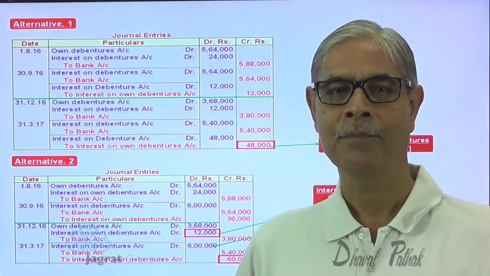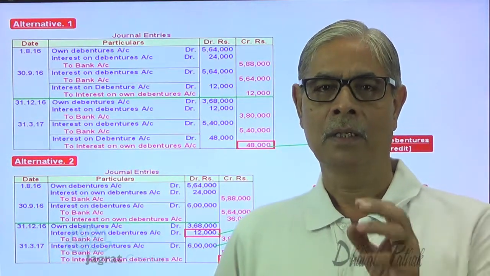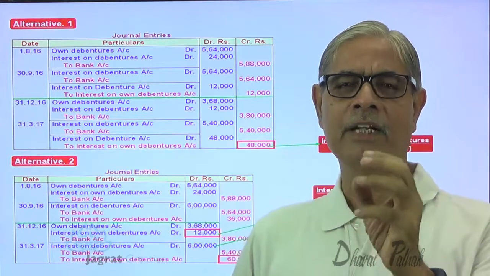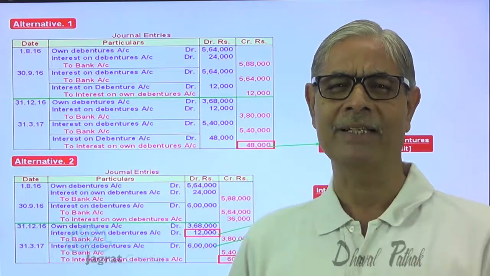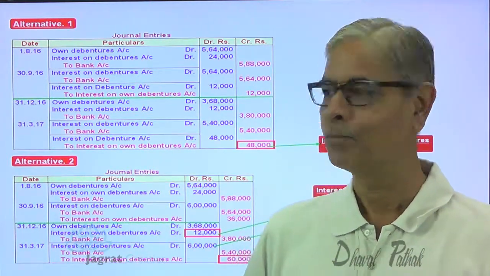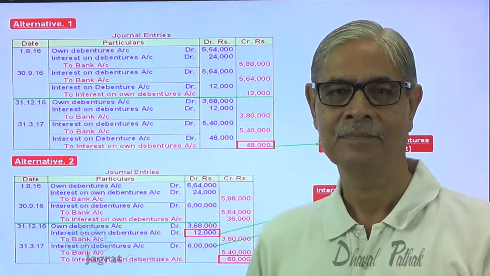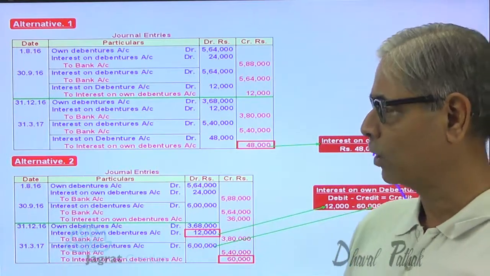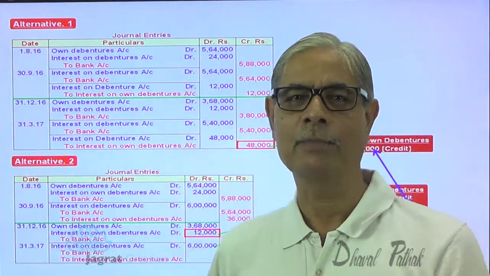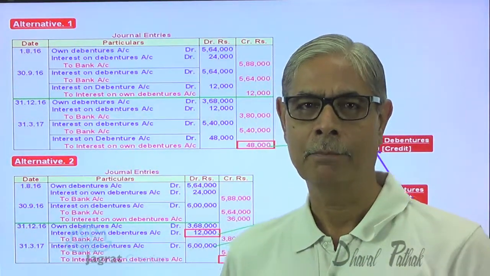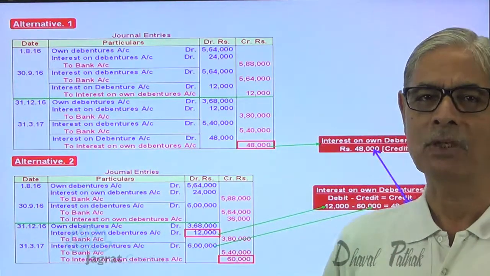Once again, when the own debentures are purchased for immediate cancellation, don't record entries in this fashion. Of course, you can record them, and at the end of the day, you can make things quite clear with the help of conceptual clarity.